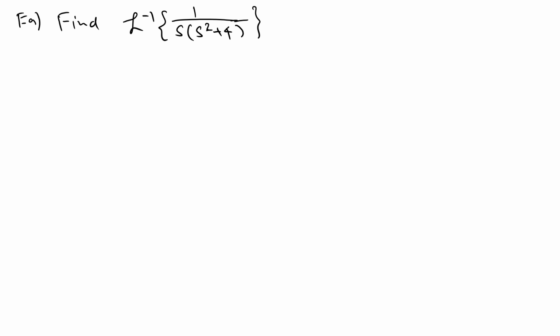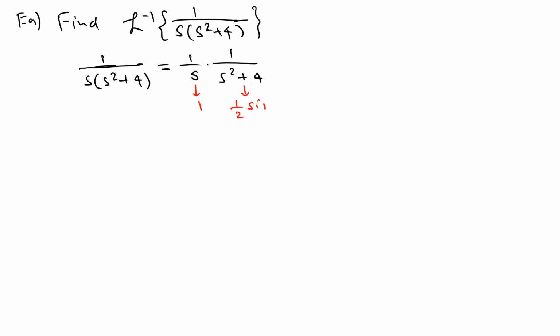So you can see that we have s times (s squared plus 4), which is simply 1 over s times 1 over s squared plus 4. And then you can see that the two functions are 1, this one is 1, and this one is 1/2 sine 2t.